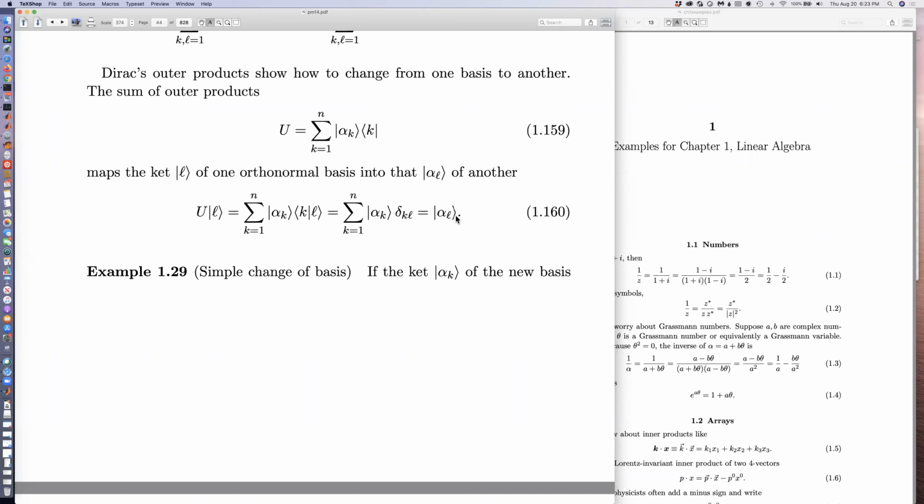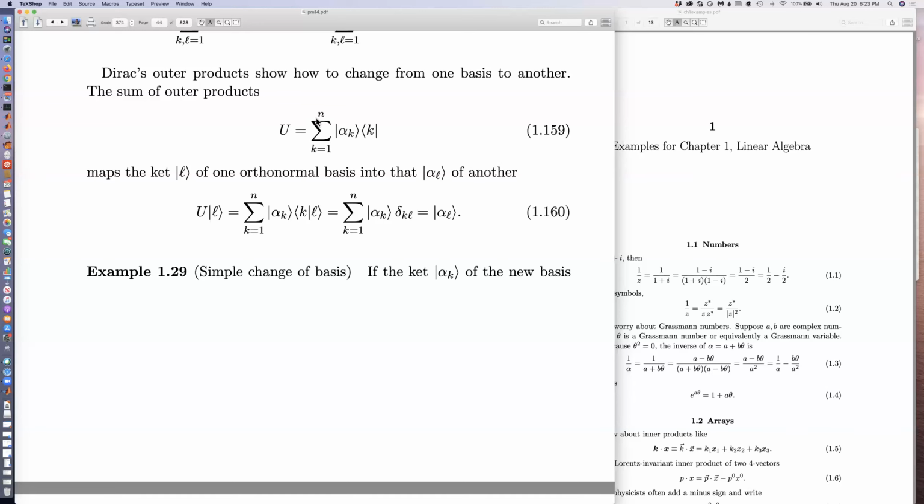What you see here is that if you have two bases and you take the sum over the outer product of the orthonormal basis vectors of the two bases, you get a unitary operator. And in fact, it's more general as well. The converse is true. Every unitary operator on this vector space can be written as the sum of the kets of one basis with the bras of another basis.